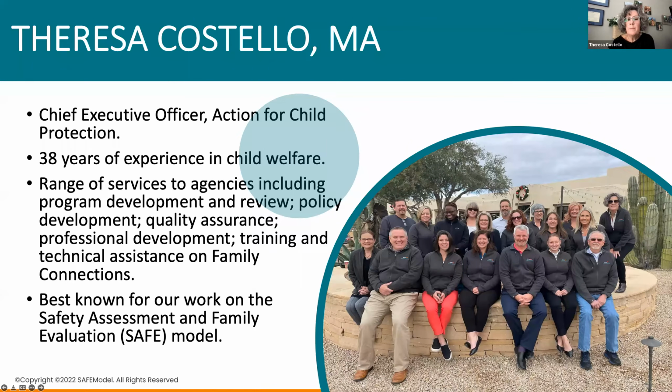But the thing that we are probably best known for is the work we've done to create the SAFE model, that stands for the Safety Assessment and Family Evaluation Model. It's a safety decision-making framework. And while you see this slide, you can see a picture of my staff. These are the people that I am privileged to get to lead. All excellent people doing great work out in our world.